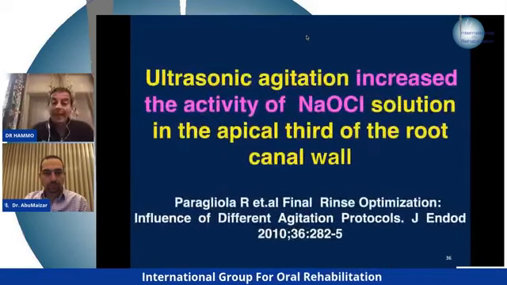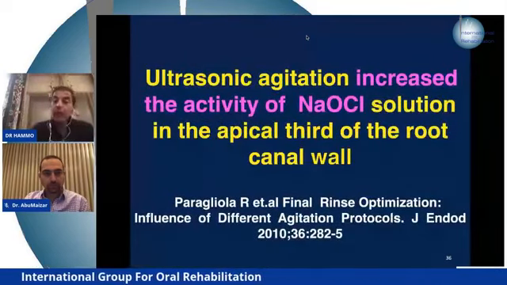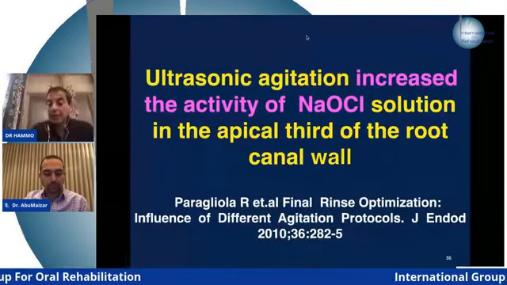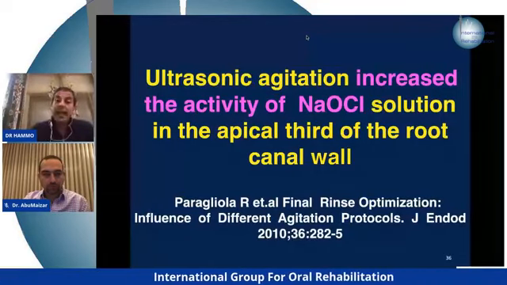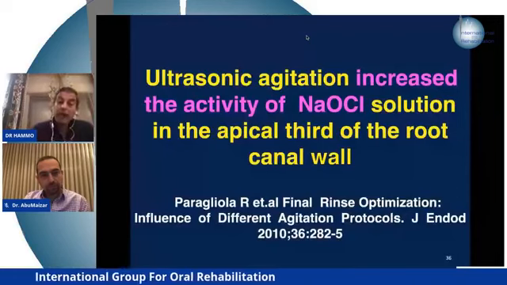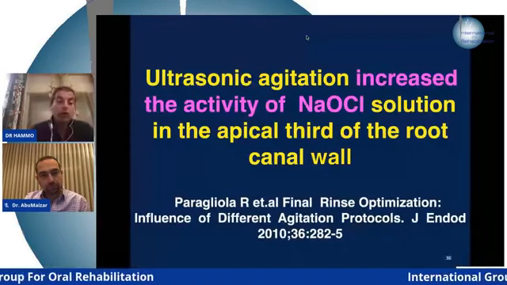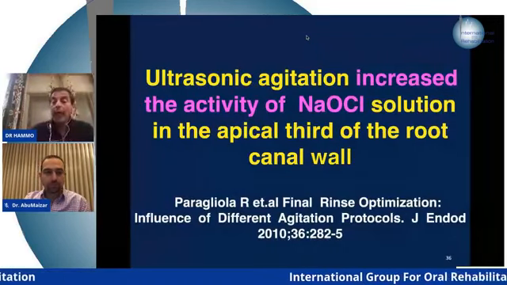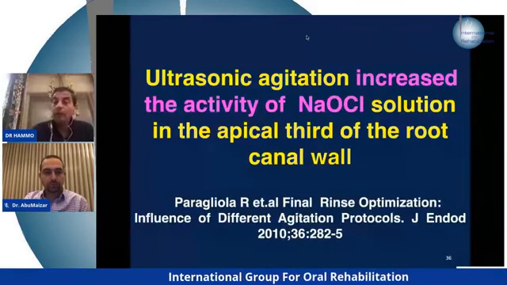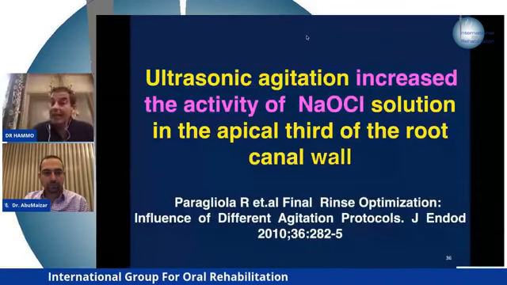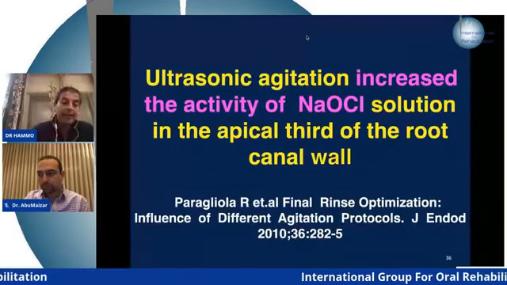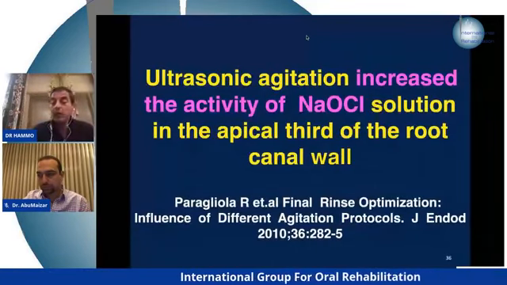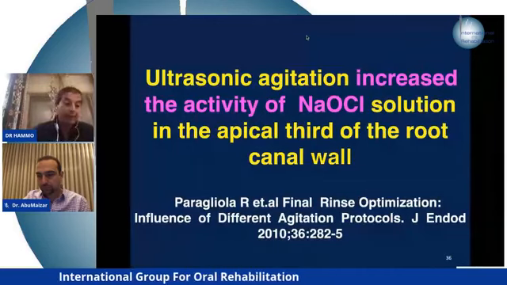And at the end of our irrigation, we recommend to use ultrasonic agitation using an ultrasonic tip. This will increase the activity of sodium hypochlorite in the apical third of the root. So at the end of our work, we have to take the ultrasonic tip and place it at 1 to 2 millimeters from the apex.